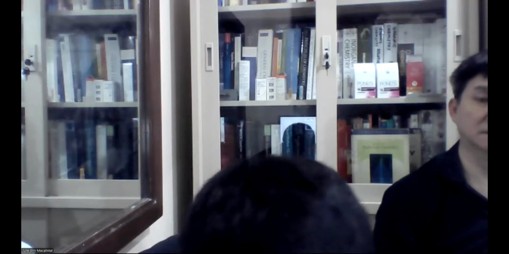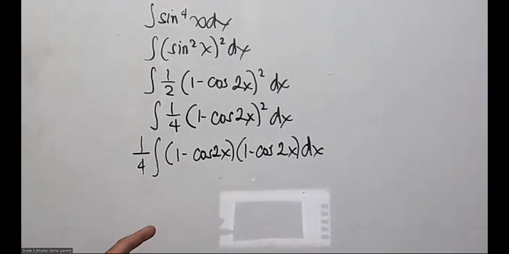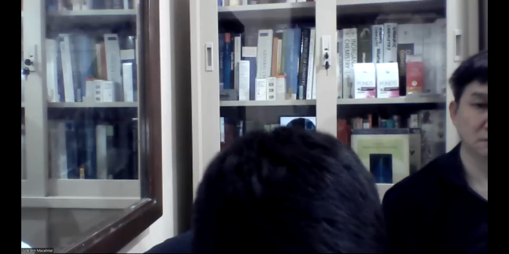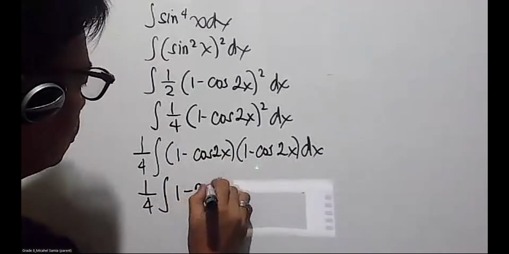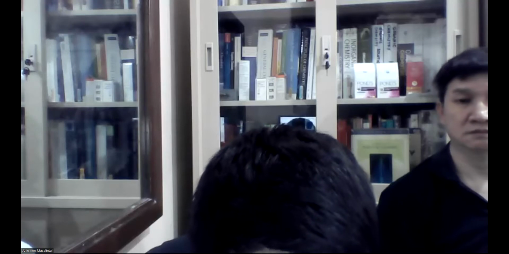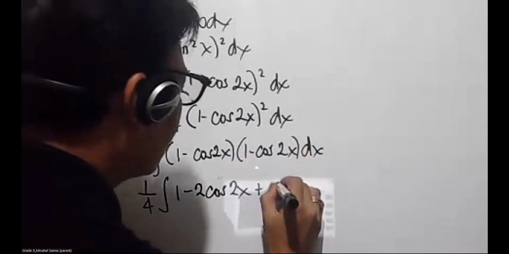Okay, wait. So now, I will be multiplying them. So this is equal to 1/4 integral of 1 minus 2 cosine 2x plus cosine squared 2x.